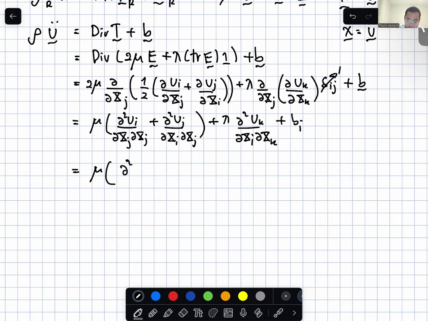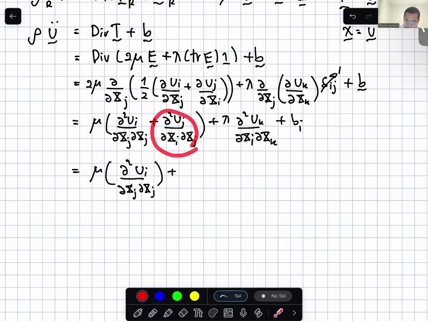So the partial derivative of uj, ui, with respect to xj plus, because the j and the k are just dummy indices, right?